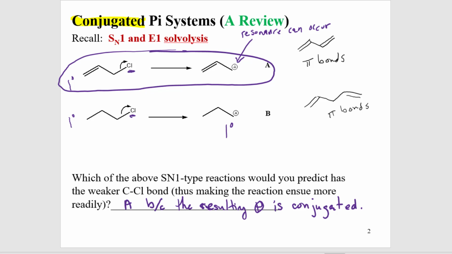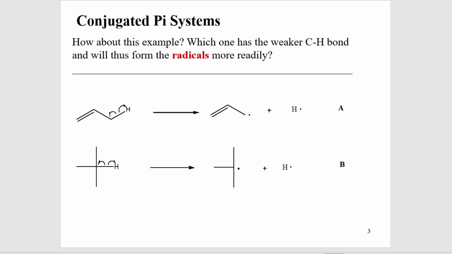Okay, how about another system? How about the following? Which would undergo a faster radical reaction? So if we had, say, a bromine radical, it would form a bond to form HBr, and you'd end with a carbon radical.